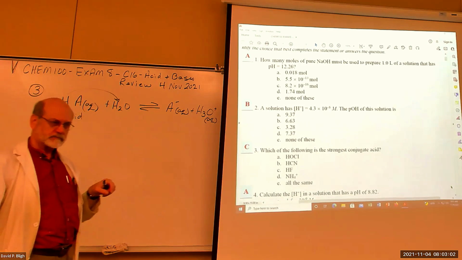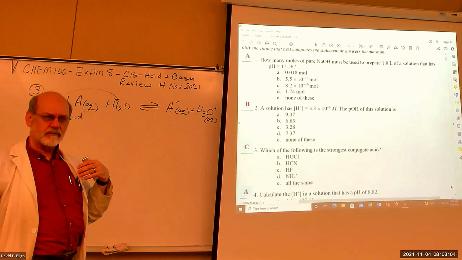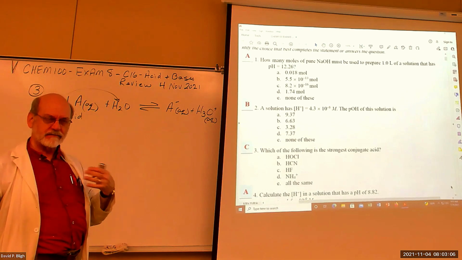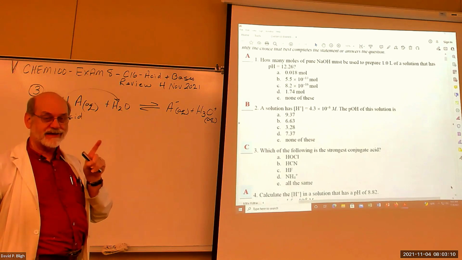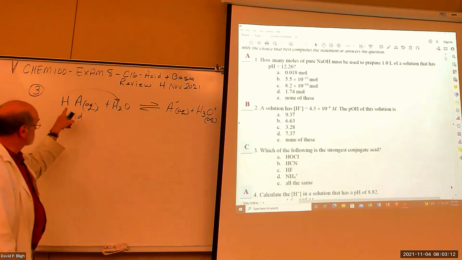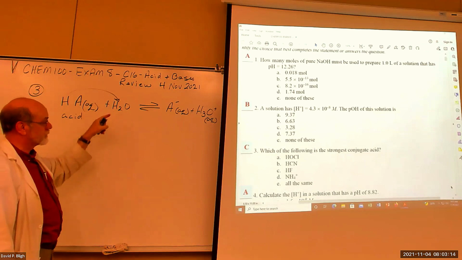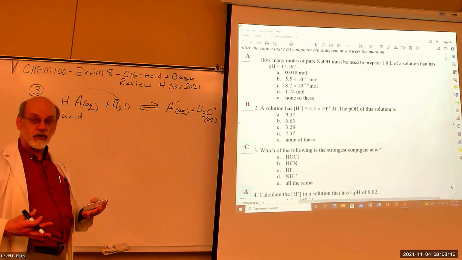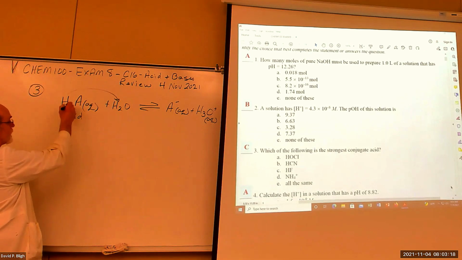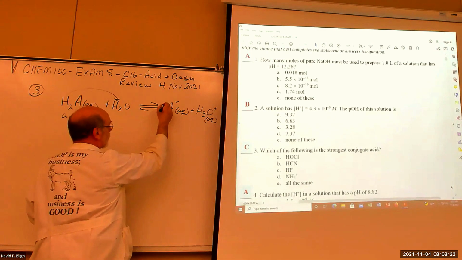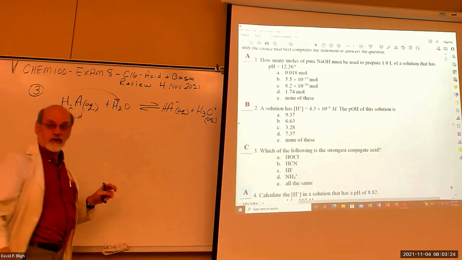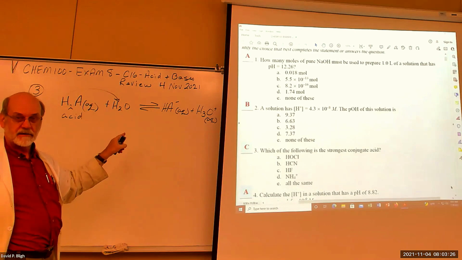And when we represent an acid going into solution, it's always one proton lost at a time. So one proton here is transferred. If we had an acid with two protons available, like this, then the other proton will stay behind.